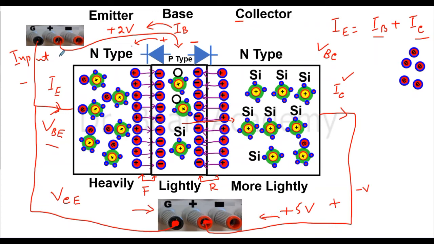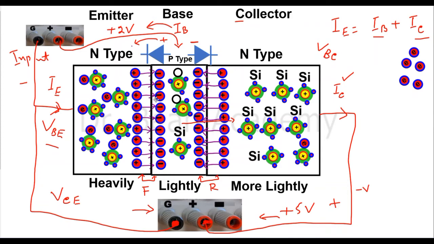So we give input signal at the base, because one terminal is to the base, the other to the emitter, and we get output signal from the collector and emitter from these two terminals, and we will get a huge current for a small base current.